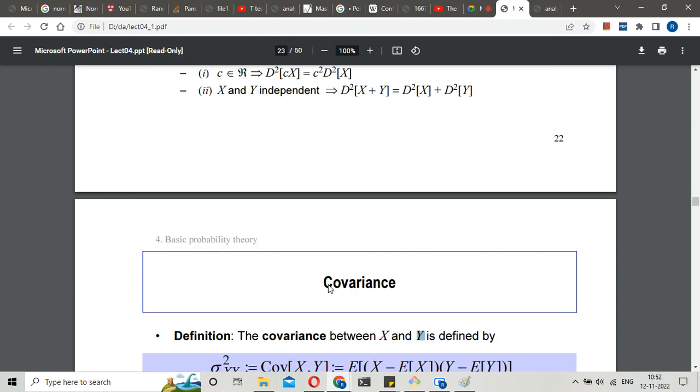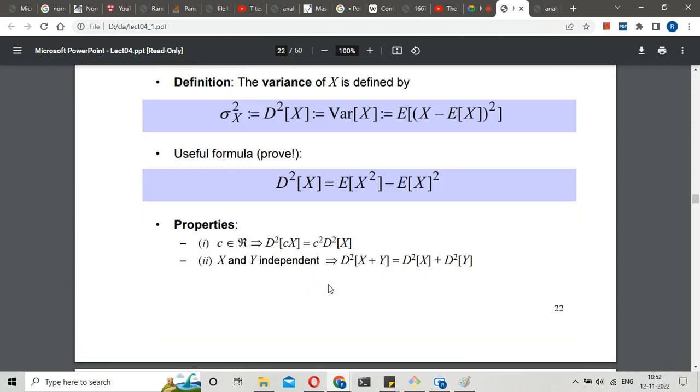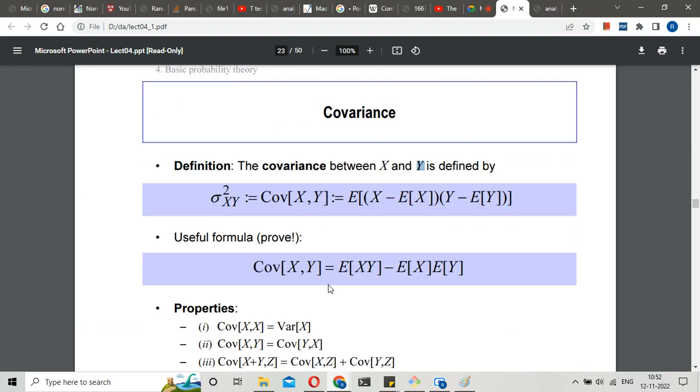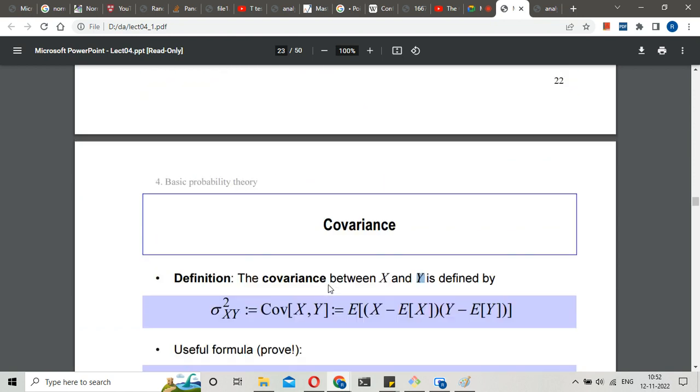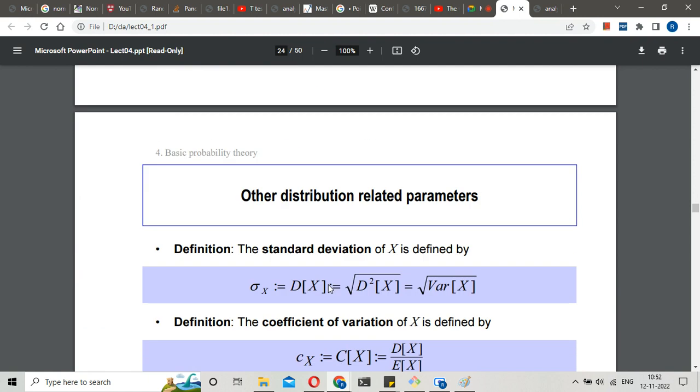I'm skipping this. It has some significance, you can relate it with real life examples, but generally it is not that useful. But these are the underlying formulas for some other derivations.